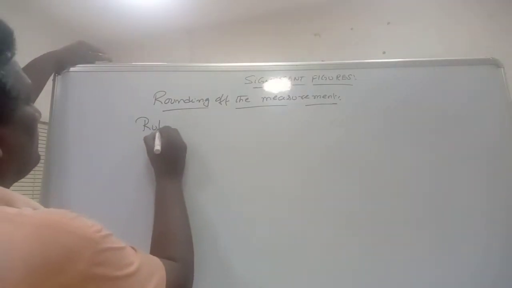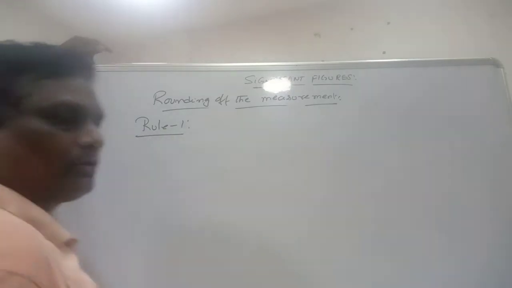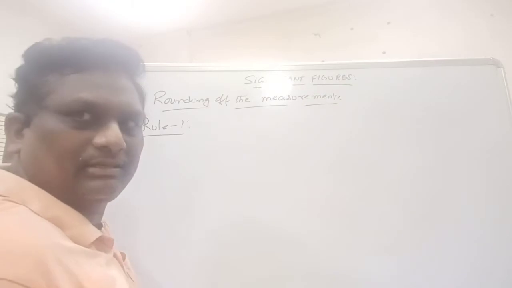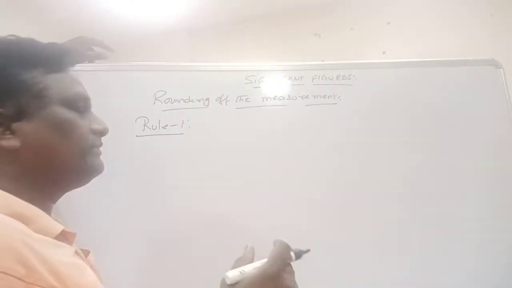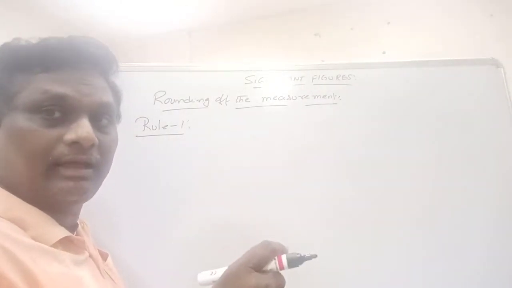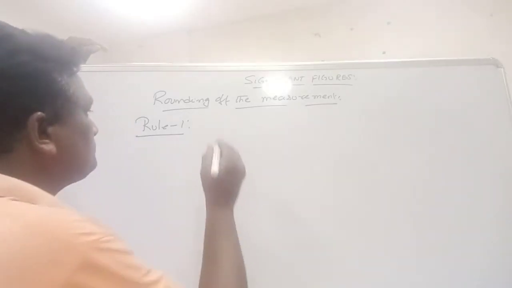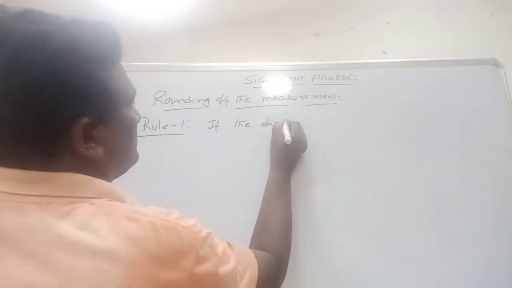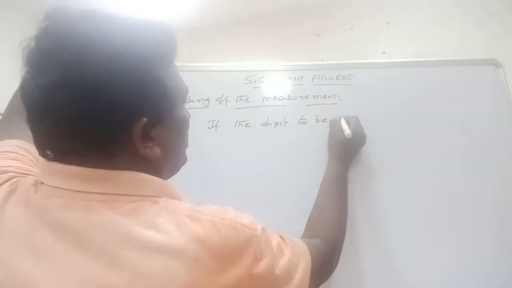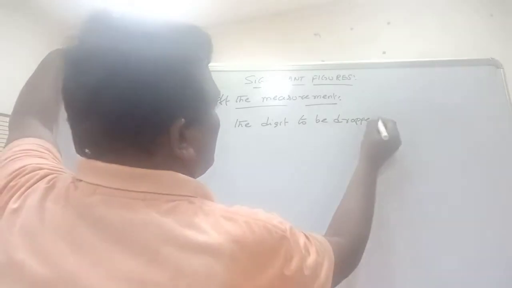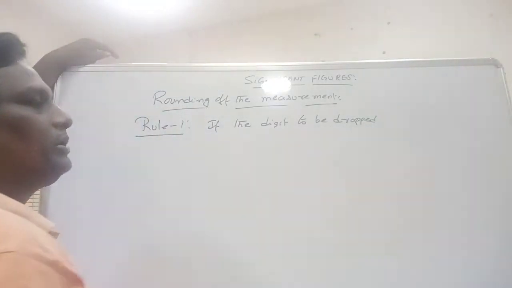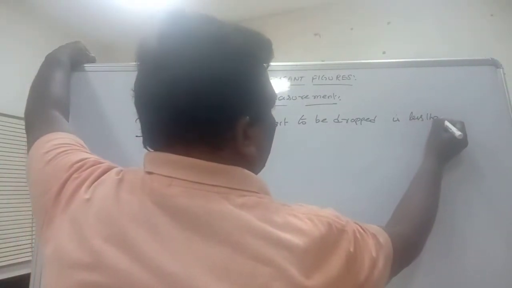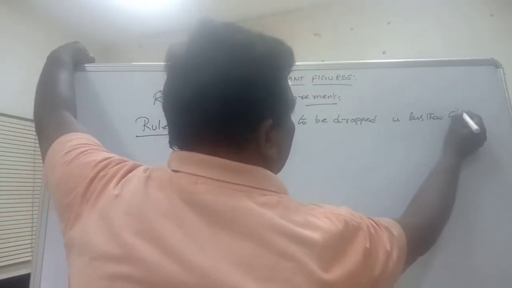Rule number 1. Suppose you want to drop a digit.